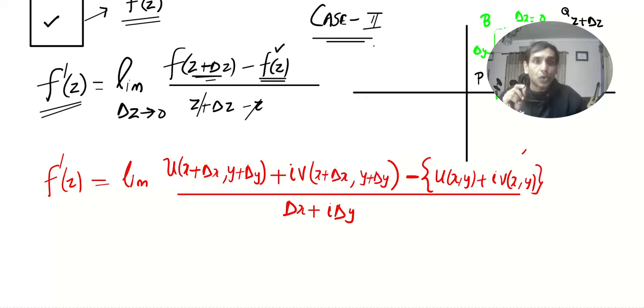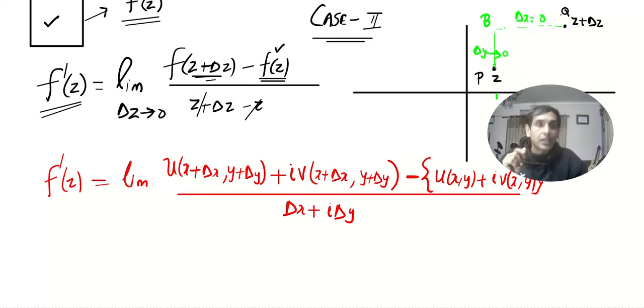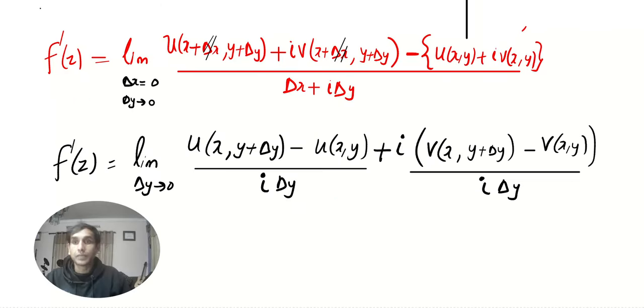Now, in case 2, what is the name of our path? QBP. We are moving like QBP. That means I am going to cancel delta x, and I am going to make delta y very small, so that Q will be very near to P. Now, if you do this similar to case 1, this will be cancelled. I'm skipping a lot of steps, but I'm sure you're smart enough to understand that.